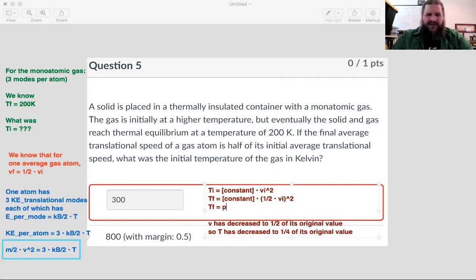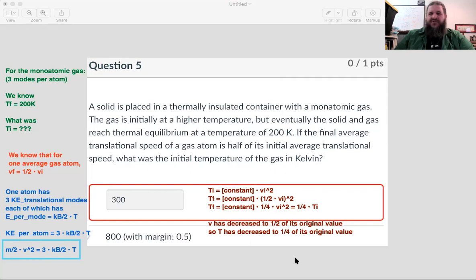You could say T final equals that constant times 1/4 times speed initial squared. But constant times V initial squared is just temperature initial. So we get 1/4 times temperature initial. In other words, final temperature is 1/4 times the initial temperature. So halving the velocity leads to quartering the temperature because we're squaring that modifier.